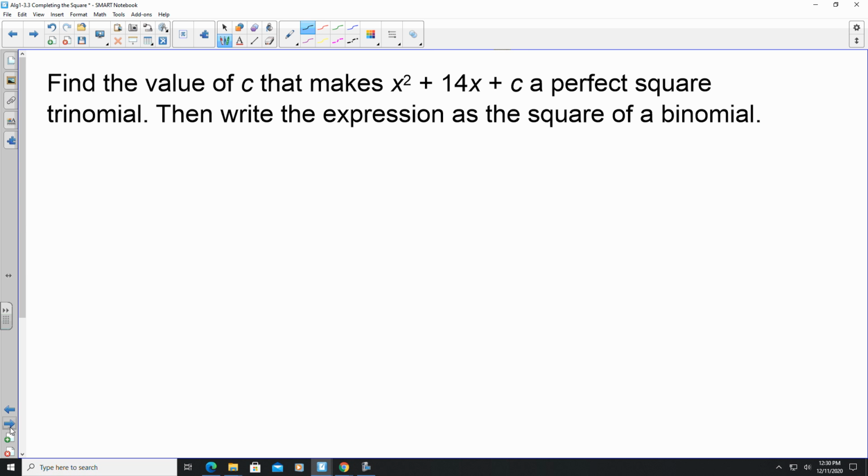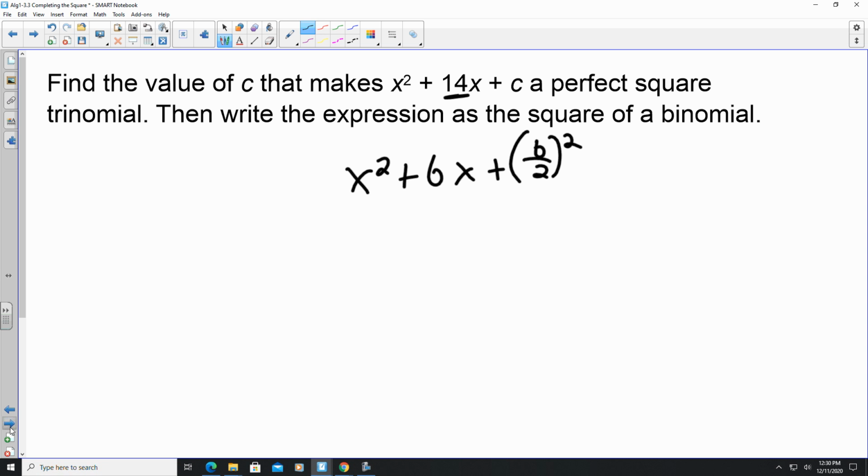Here, they want us to find a value for c that makes x squared plus 14x plus c a perfect square trinomial. Then they want us to write the expression as the square of a binomial. Using the formula x squared plus bx plus b divided by 2 squared, b is 14.